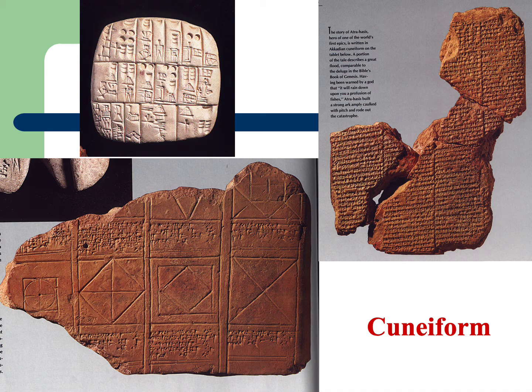In this text, in one part it says, "Having been warned by a god that it will rain down upon you a profusion of fishes, the person Atrahasis, named here, built a strong ark amply caulked with pitch and rode out the catastrophe."